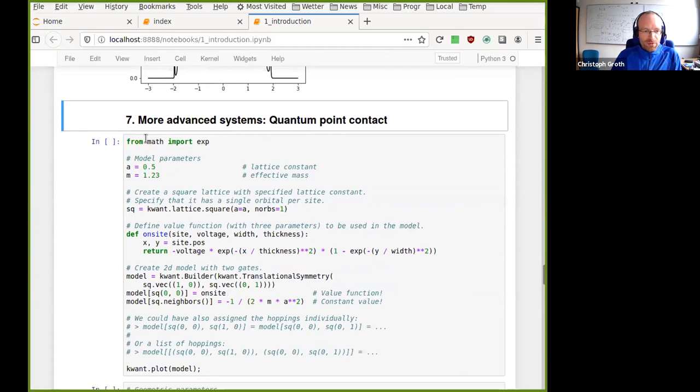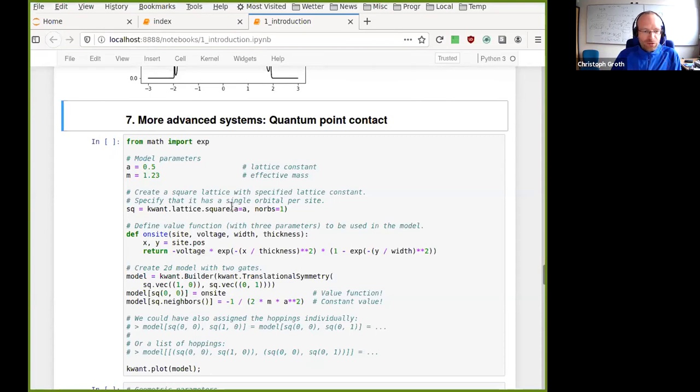So let me walk you through this example. I import from the math module of Python the exponential function. I will need it later for the definition of the potential. And I define two numerical parameters. One is the lattice constant, 1/2, and the effective mass of the model. Before, when we defined the lattices, here you can see that I pass the a parameter to kwant.lattice.square, which creates a square lattice with a lattice constant of 1/2.